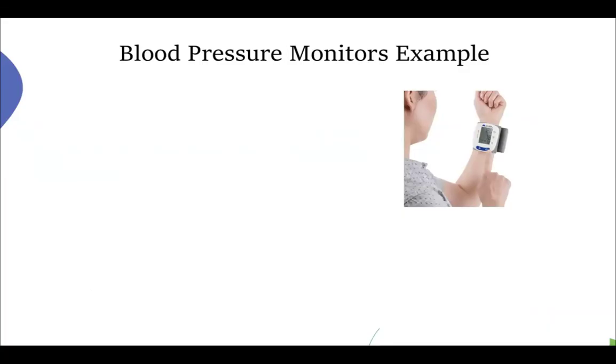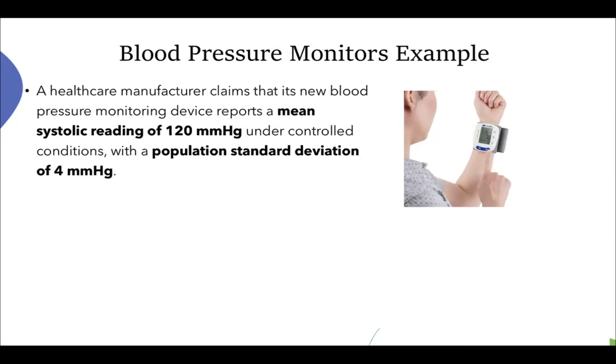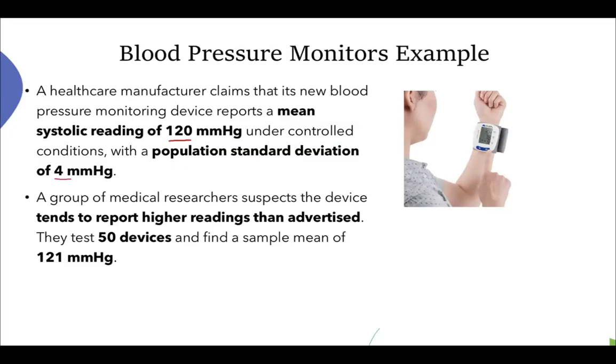Blood pressure monitors example. A healthcare manufacturer claims that its new blood pressure monitoring device reports a mean systolic reading of 120 under controlled conditions with a population standard deviation of 4. A group of medical researchers suspects the device tends to report higher readings than advertised.